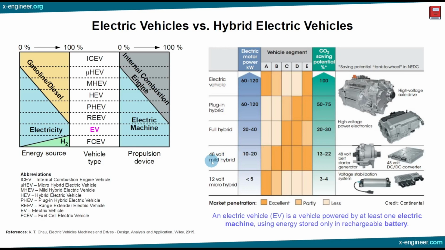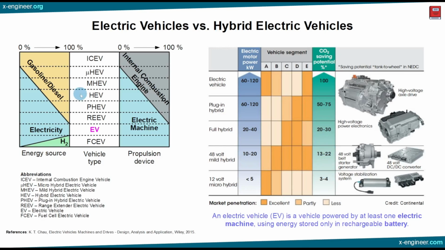The 48-volt mild hybrids can be used for all types of vehicle segments, and they can also equip gasoline or diesel engines. What's specific about mild hybrids, and especially 48-volt ones, is that the electric machine can generate electricity, so you can recuperate energy during braking, and also you can generate torque during acceleration, so that is why you can have a higher benefit in terms of CO2 potential.